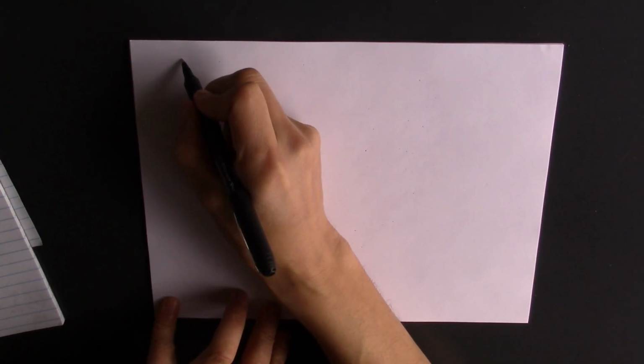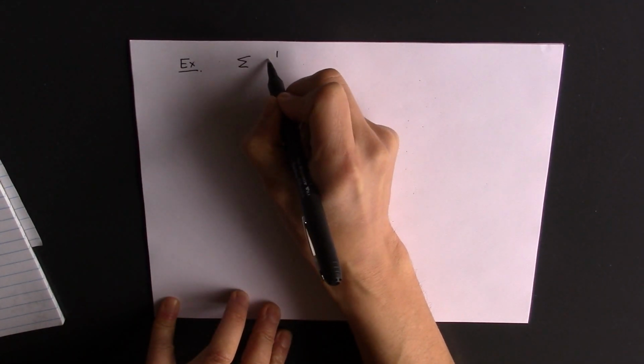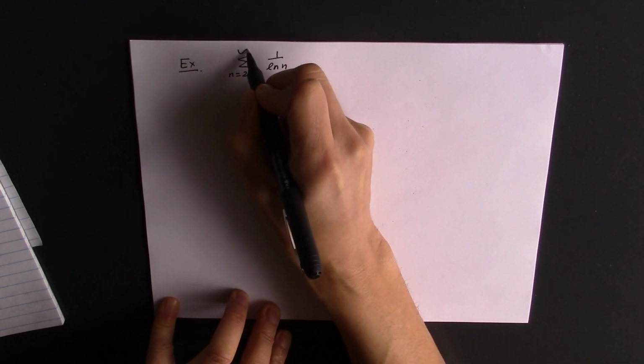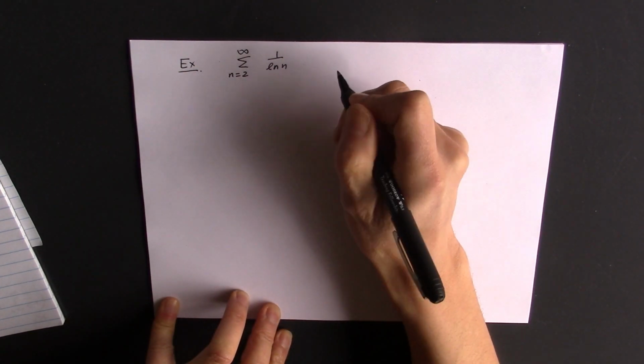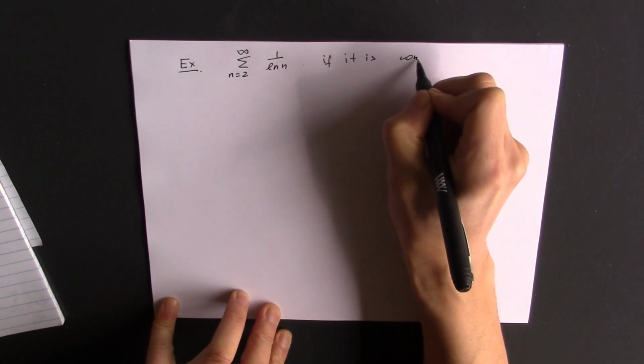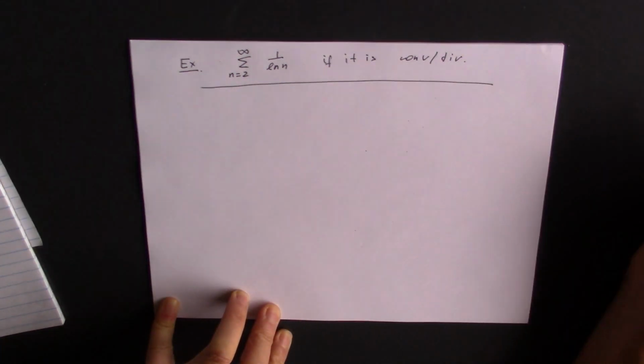Next example, we want to determine whether the series 1 over ln n, from 2 to infinity, is convergent or divergent. So we want to figure out that piece of information.